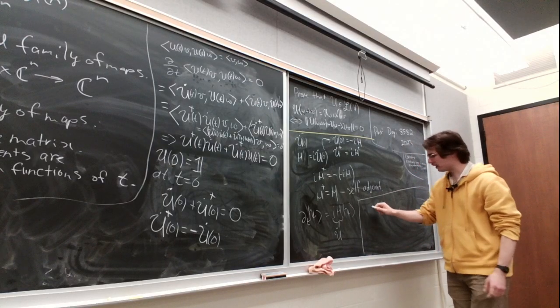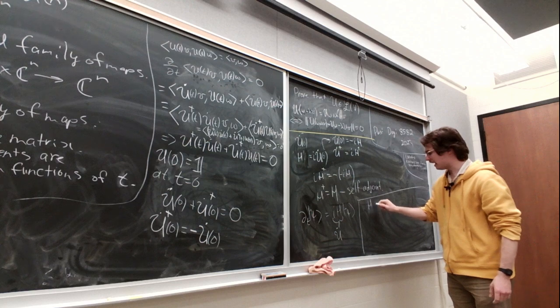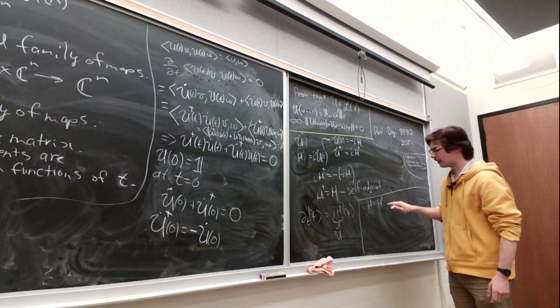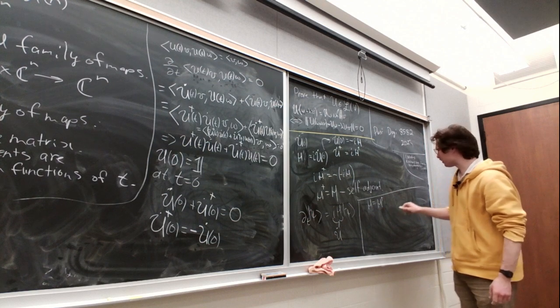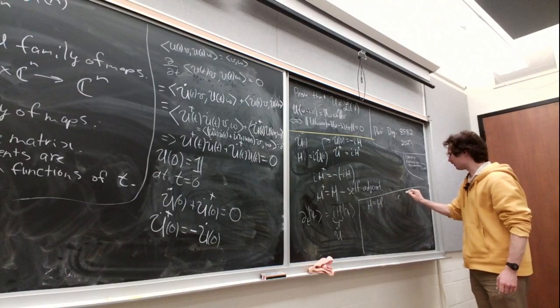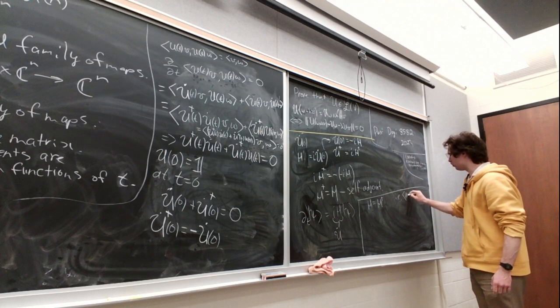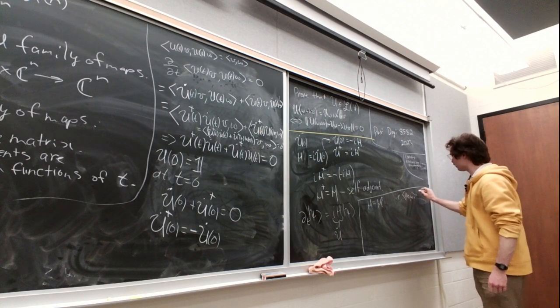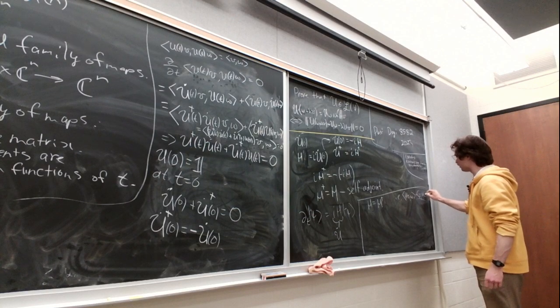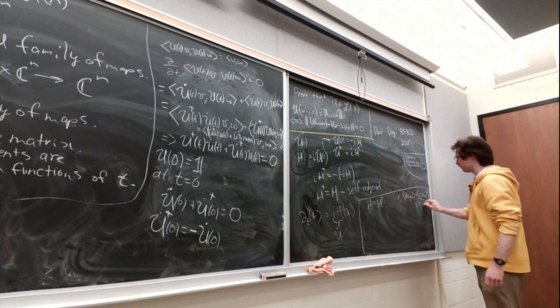The spectral theorem was, if H is equal to H dagger, remember, i.e. <Hv, w> was equal to <v, Hw> for all v, w.